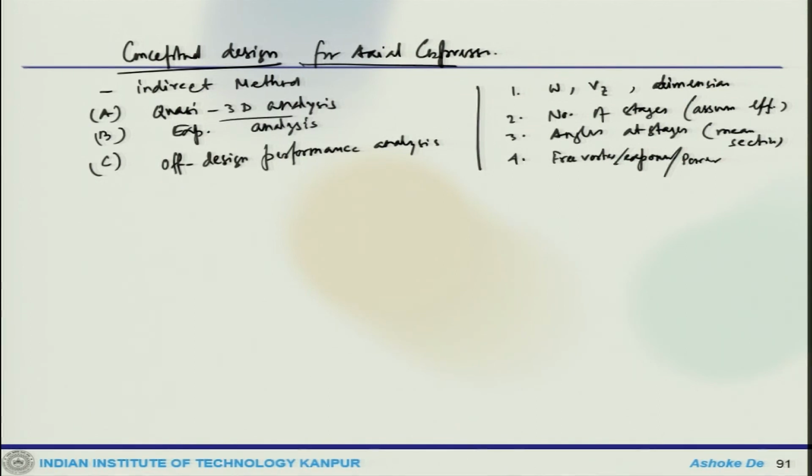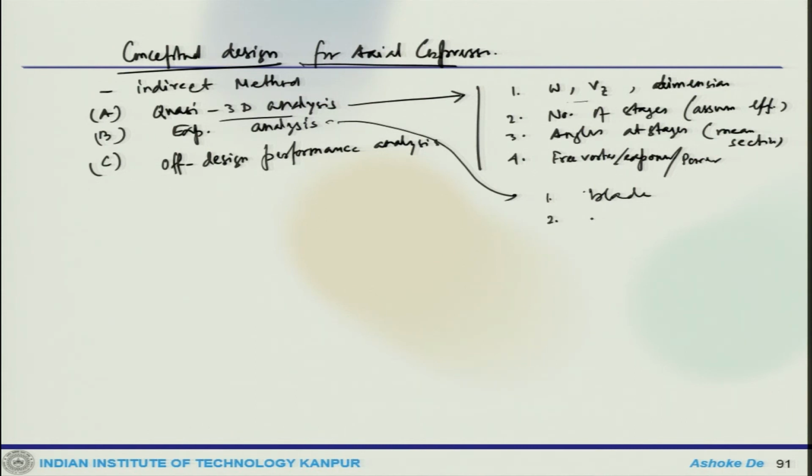So, this is what one can do or think about for the analysis which requires 3D analysis. So, quasi 3D analysis starts with the 2D analysis, where you assume some of this speed, axial velocity, dimensions, and then determine some of these parameters. Or in another way, if somebody does experimental analysis of the blading, you can choose the blade from the experimental cascade data.